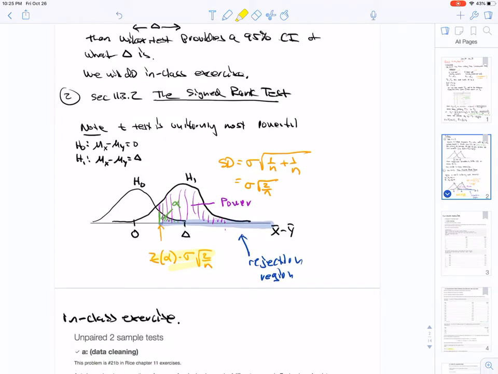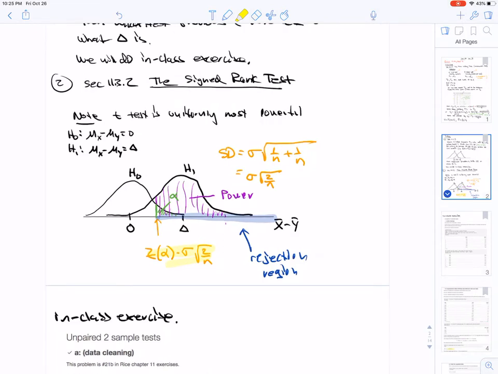I also just want to note now that the t-test is the uniformly most powerful test. So remember that here, I should write that delta is positive. So if your alternative is that mu x minus mu y is some positive delta, then we get this rejection region in blue here.